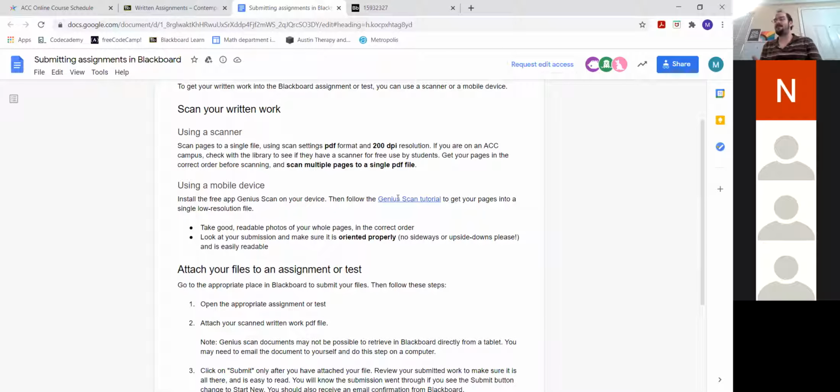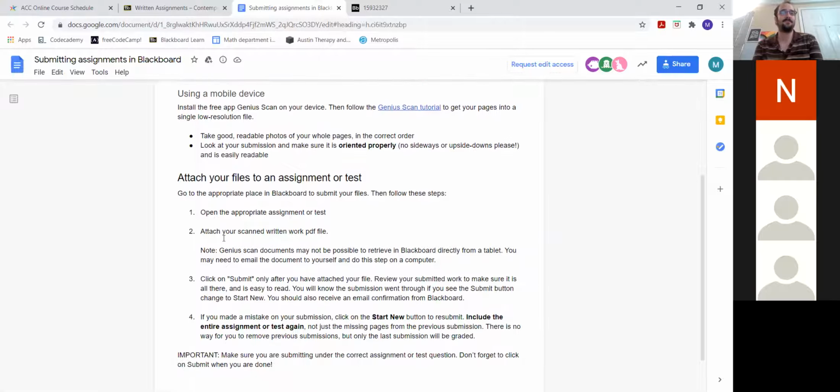What you're going to do is, if you have a phone, put the Genius Scan app on your phone, open up the app, and take pictures of what you did. It should be written work, and using this app, it should be really easy to convert it to a PDF and attach it to Blackboard.